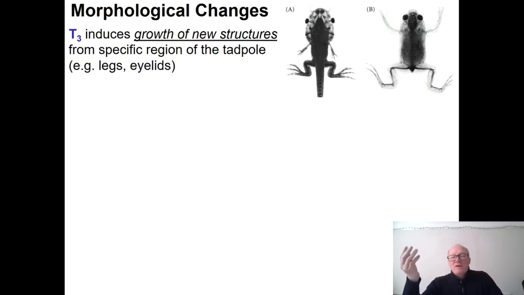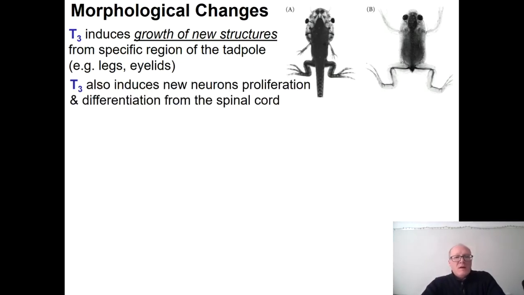So the eyelids are not necessary. But as an adult, the frog that goes around on land requires lids to keep the eyes moisturized and to clean them. So lids are formed, limbs are formed, but only in specific regions of the body.